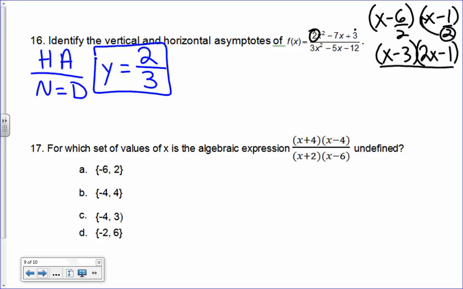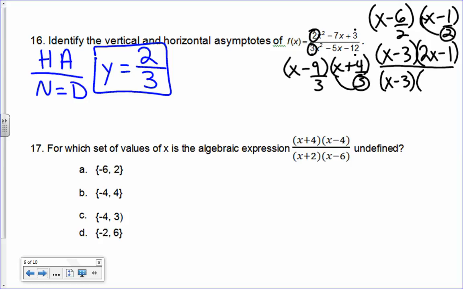On the bottom, you got 3 times negative 12. That's negative 36. Factors of negative 36 that will give you negative 5 are negative 9 and positive 4. You got this 3 in the front, so you got to divide. Negative 9 over 3, that's going to give you x minus 3. That 3 goes to the front.